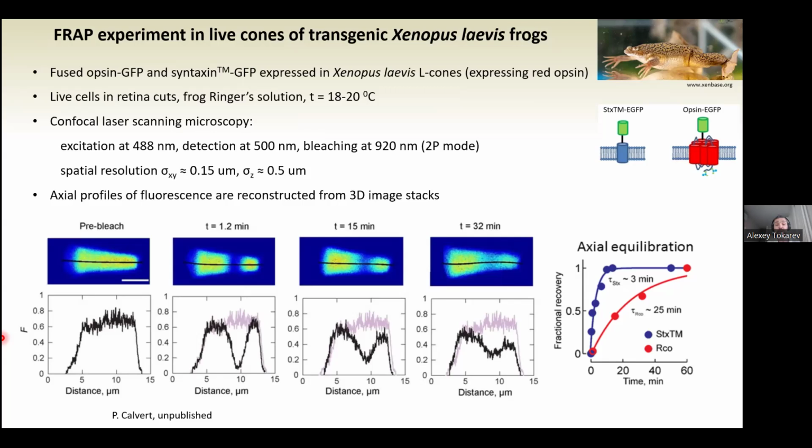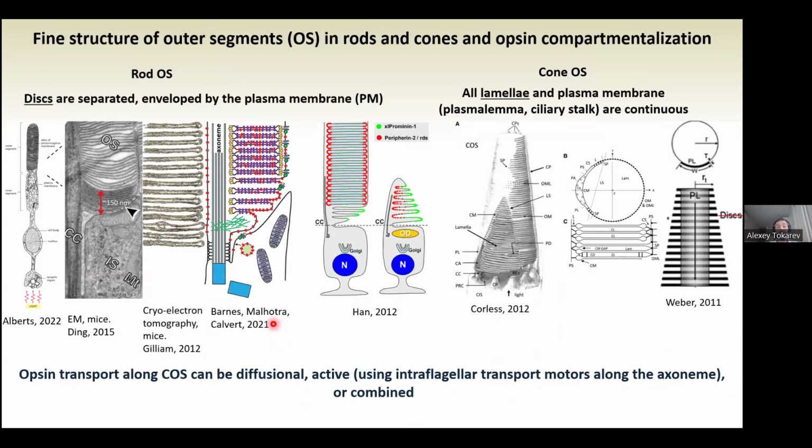Well, this particular profile will not move because of the length of time scales of these processes. Here the experiment is on the scale of minutes and tens of minutes, but the replacement of these disks is about 10% per day in frogs. So about a week is needed to replace the whole disk.